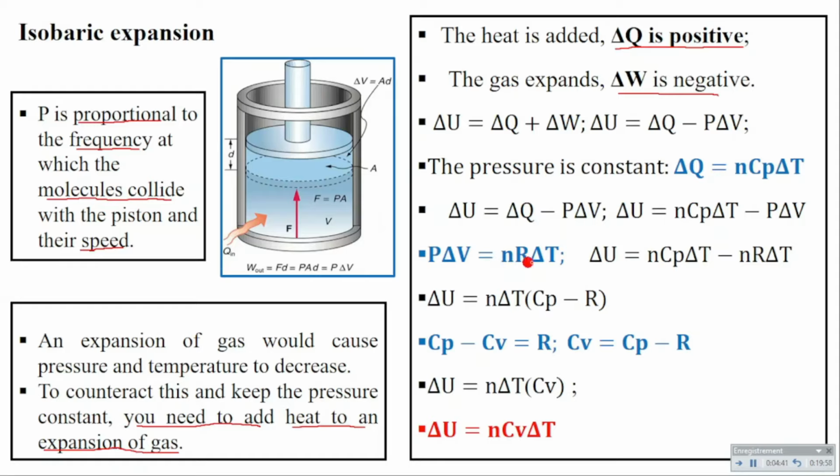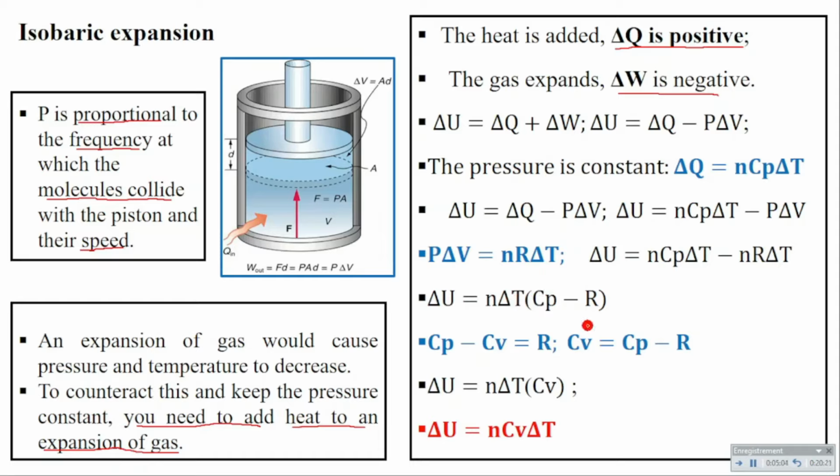We know that P dV is equal to nR dT, since PV is equal to nRT. So dU is equal to nCp dT minus nR dT. Then we can put delta U is equal to n delta T times (Cp minus R).